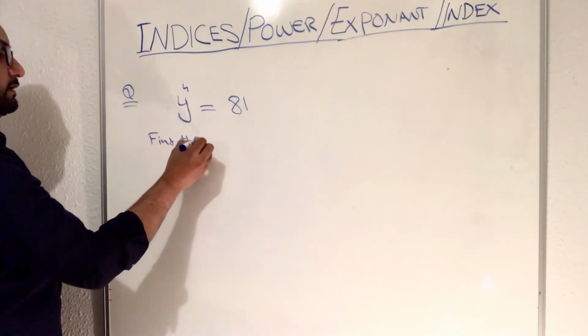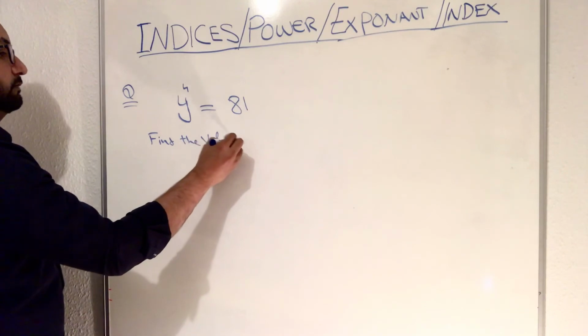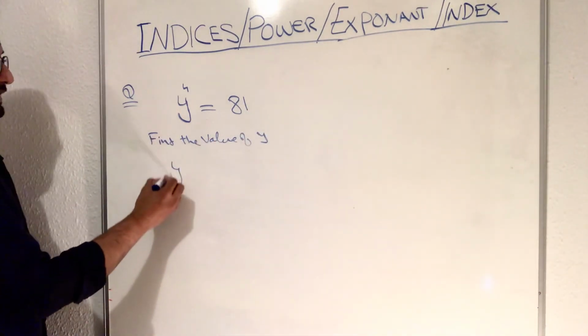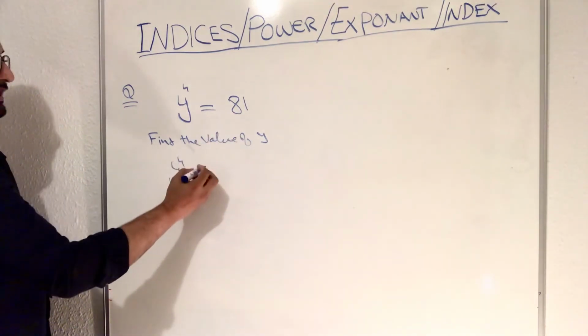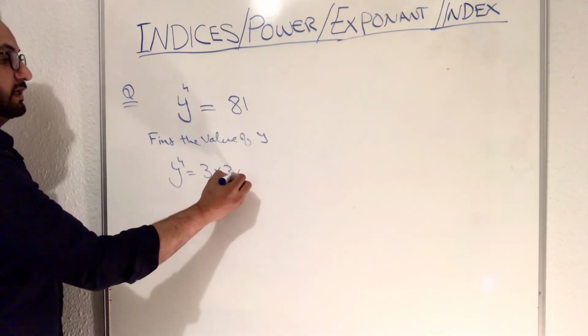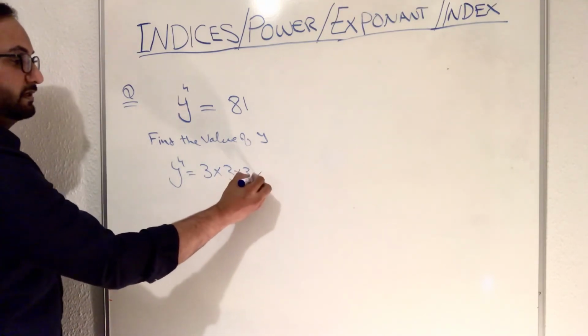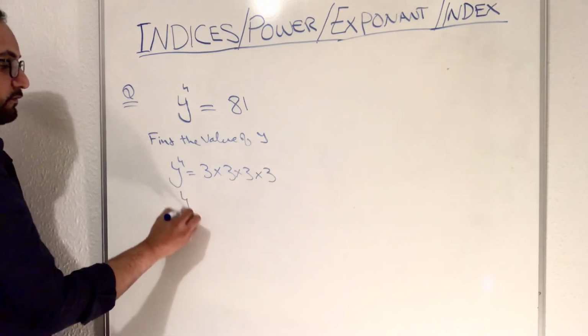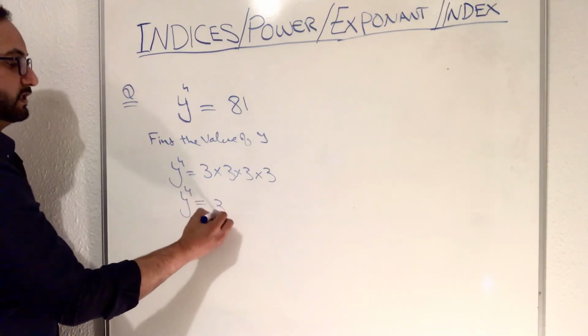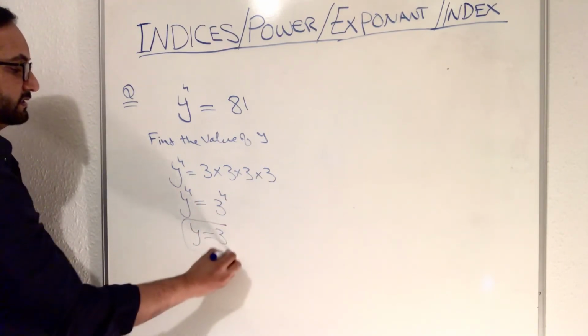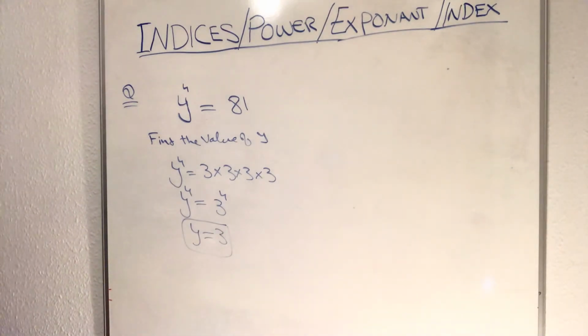Now, same as before, 81 can be written in the form of 3 times 3 times 3 times 3. 3 times 3 is 9, then 27, and 81. So y power 4 is equal to 3 power 4, so y is equal to 3. This is the answer.